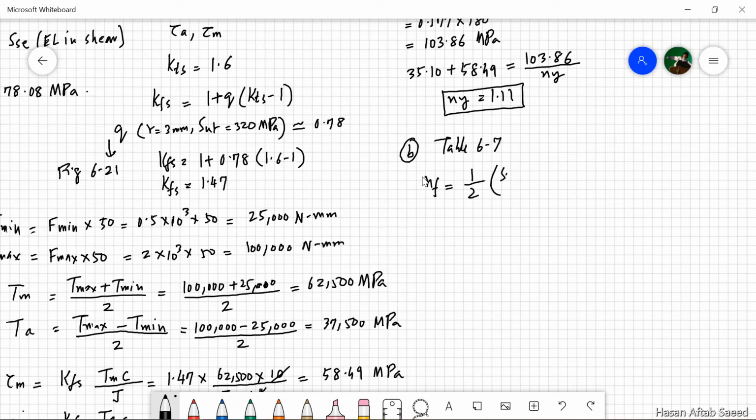So any stress here in this equation has to be shear stress, whether it's strength value or stress value. And apart from that, the form is exactly the same as that for normal stresses.